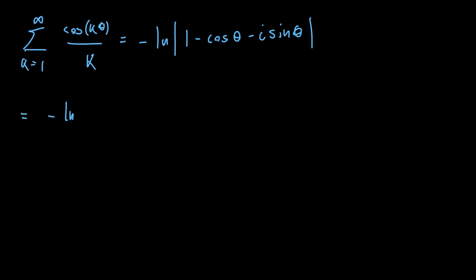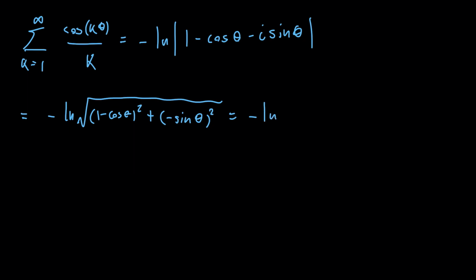Taking the modulus, we have the square root of 1 minus the cosine theta squared plus negative sine theta squared, negative the natural log of the square root of 1 minus 2 cosine theta plus cosine squared theta and plus sine squared theta.